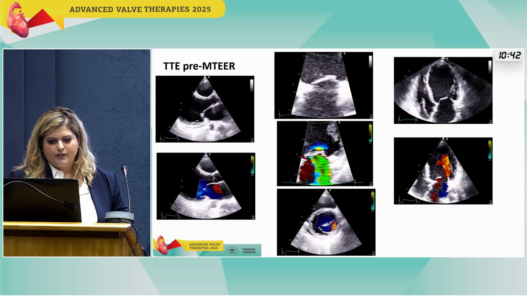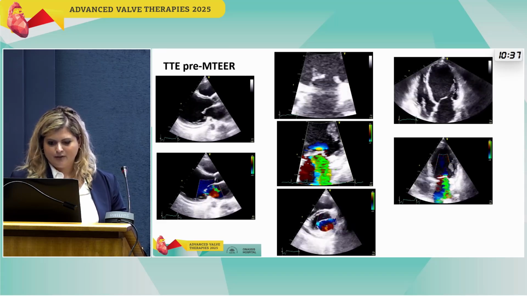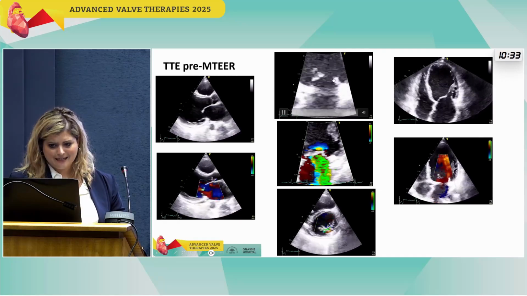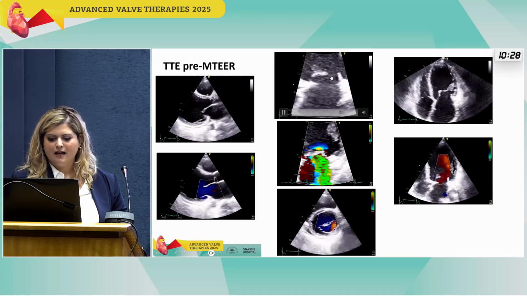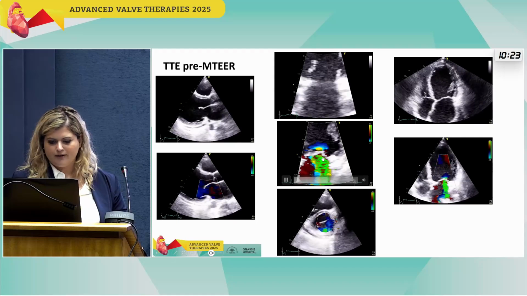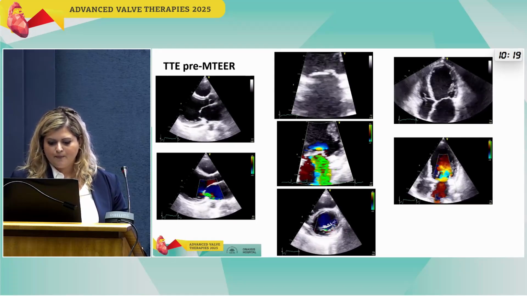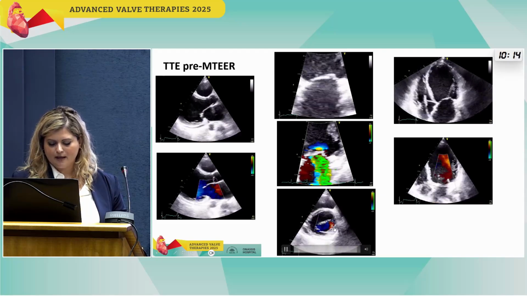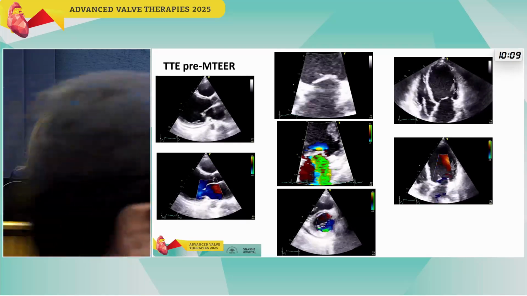In the echo, we saw a severe MR. As you are seeing in the images, we have here in the mitral valve a tenting from both leaflets with recurrent severe MR with a pizza zone. And as you can see in this slide, the MR is going through the whole valve.